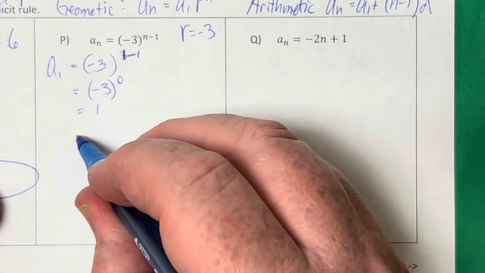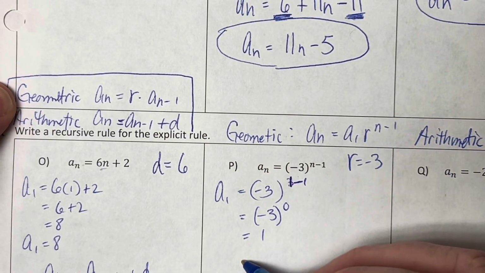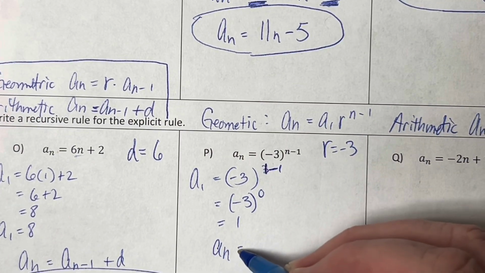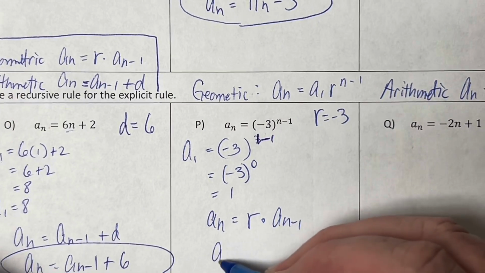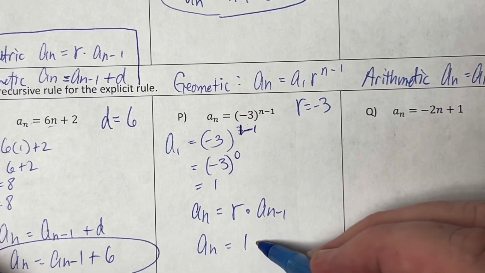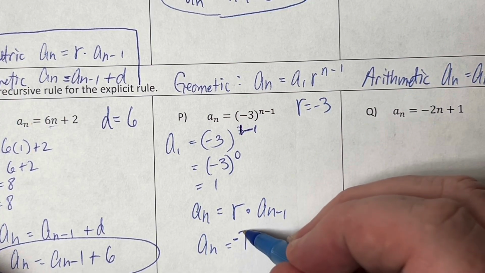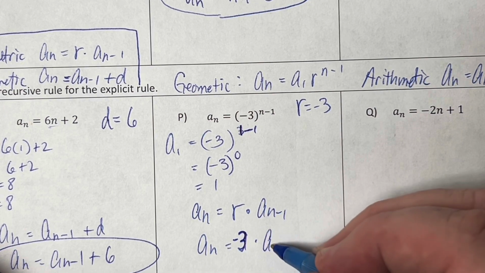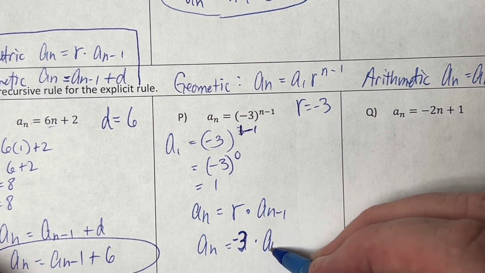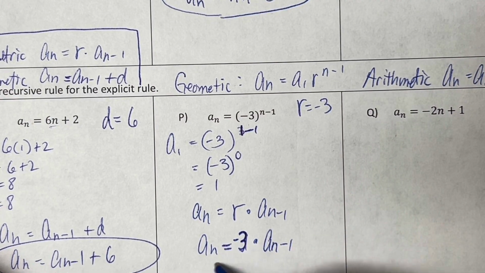So then for geometric, we have that rule: an equals a1 times -3 times an minus 1.